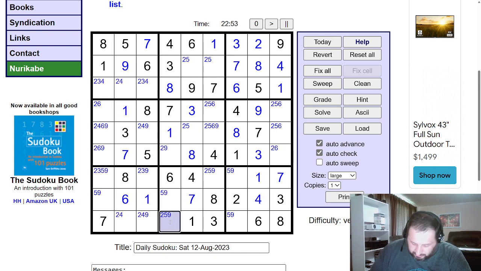So if this is a 2, so I started off with this as a 5, and it came down to this to be, if this is a 5, this becomes a 2. This is a 2, this becomes a 9. If this is a 9, this is a 5. Okay, so my question here is so if this is a 5 and this is a 9, that makes this a 2.